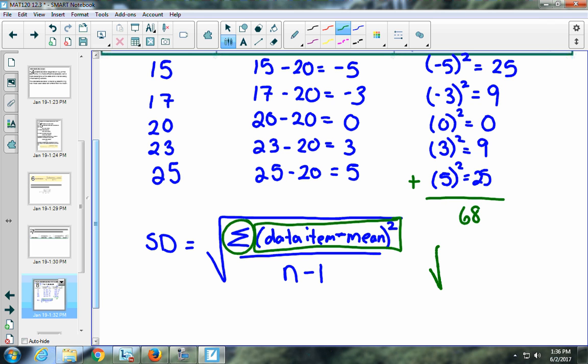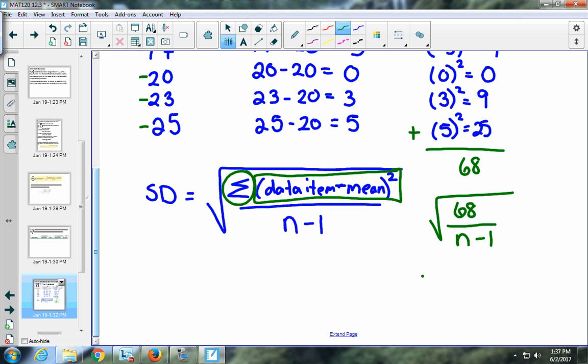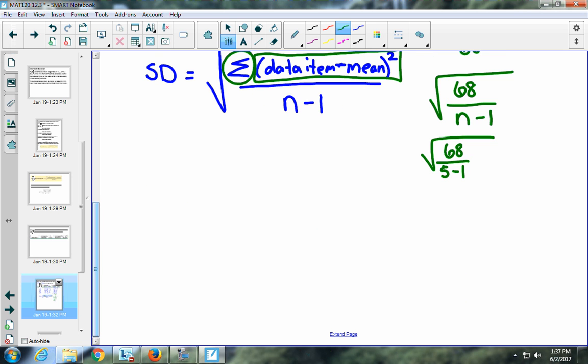So we have the square root of 68 over n minus 1. N is the number of data items. We had 1, 2, 3, 4, 5 data items. So we have the square root of 68 over 5 minus 1, which is the square root of 68 over 4.